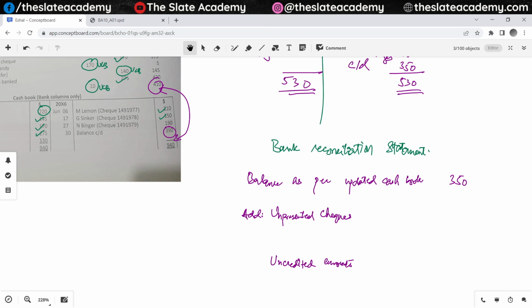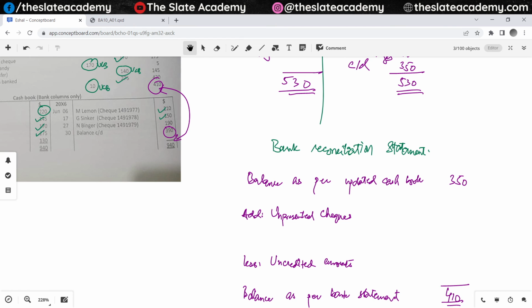We subtract them, and that should ideally match our balance with that of the bank statement. ठीक है जी. How much is the balance as per bank statement? 410. अच्छा जी.